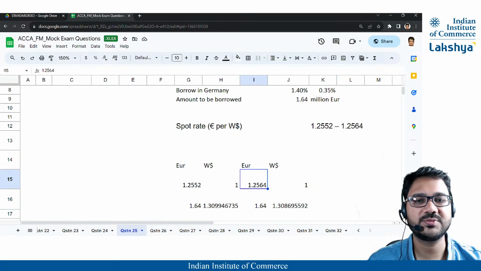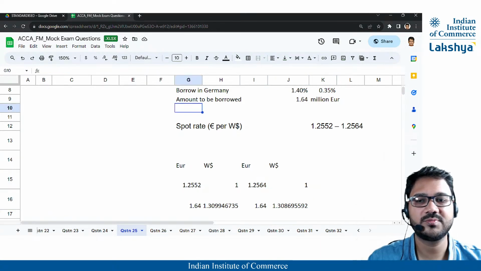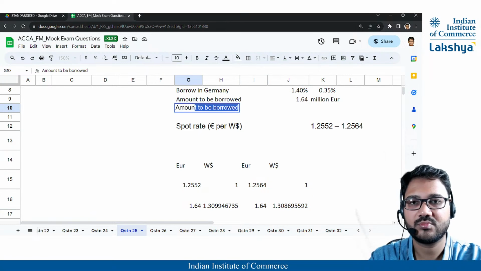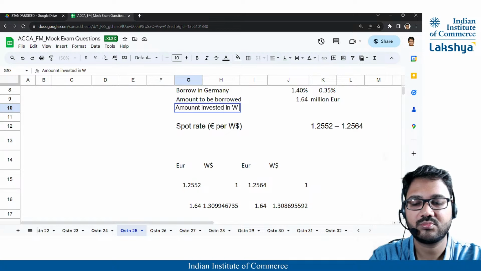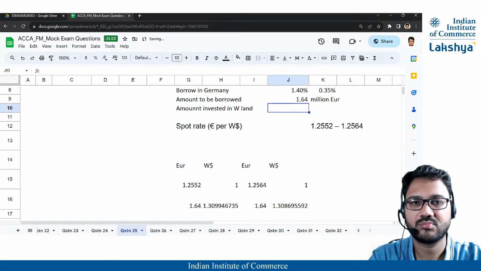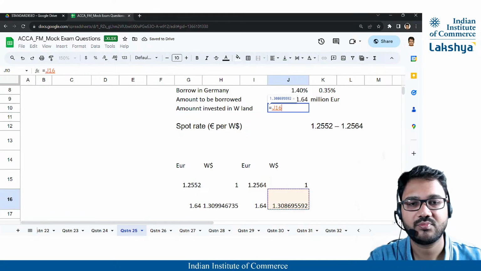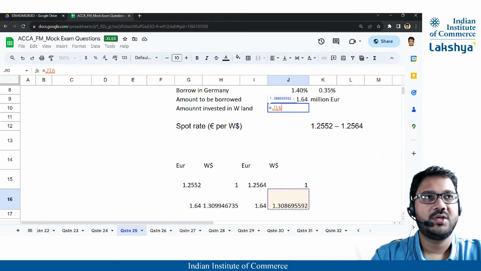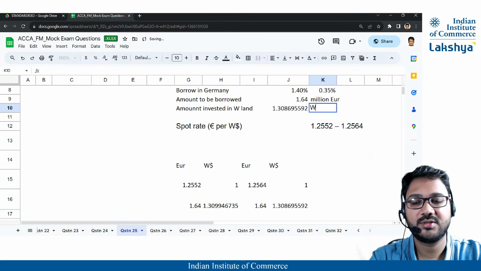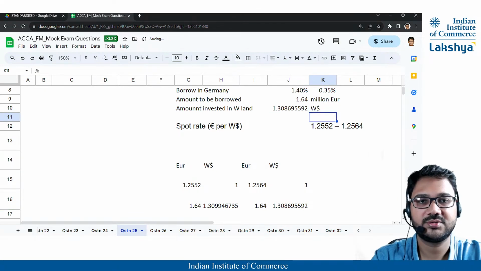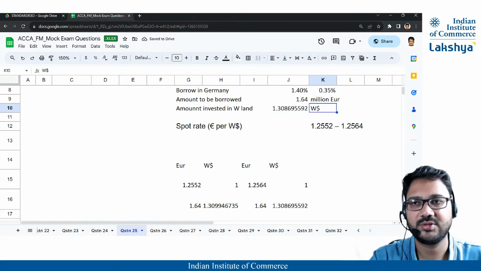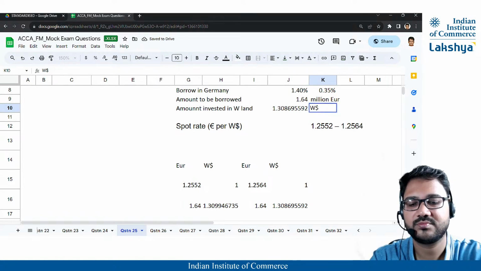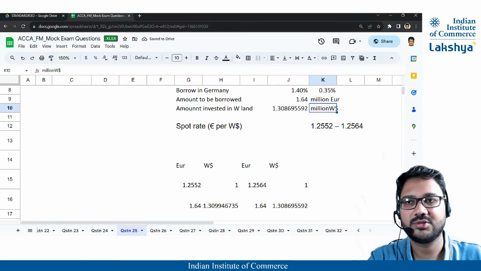So this will be our spot rate, and this is equal to these many million W dollars that we are going to invest.